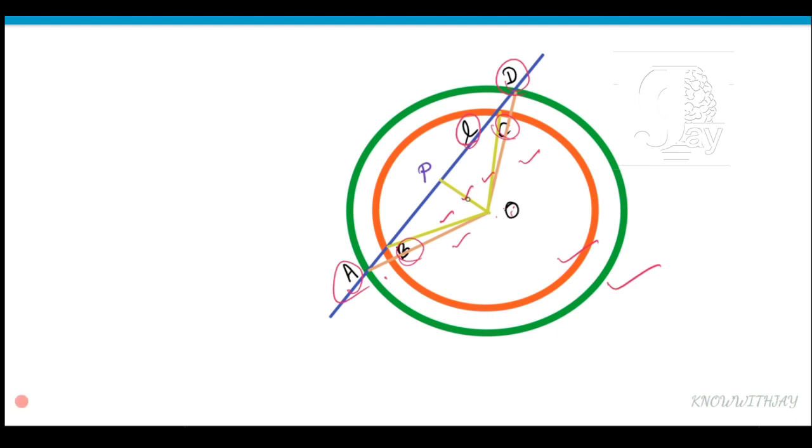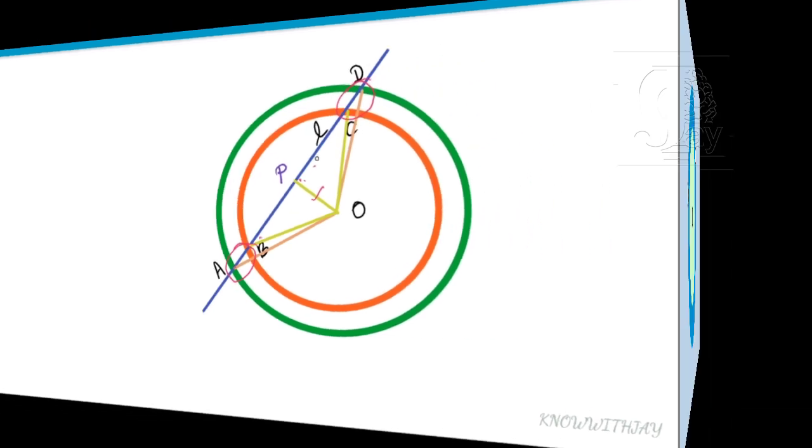And OP is the perpendicular drawn from O to the line L. The perpendicular will bisect the chord for the smaller circle and for the larger circle also. So PB and PC are equal. Also PA and PD are equal. So if we subtract equal parts from equal parts, what we get left over, AB and CD, are equal.